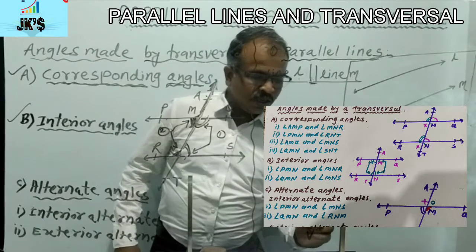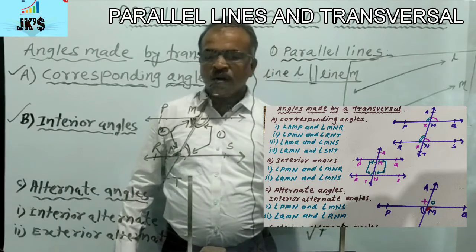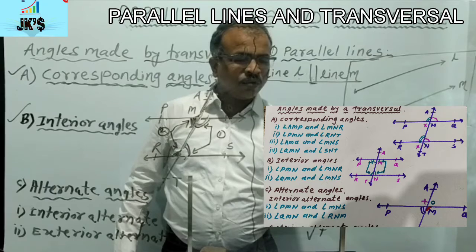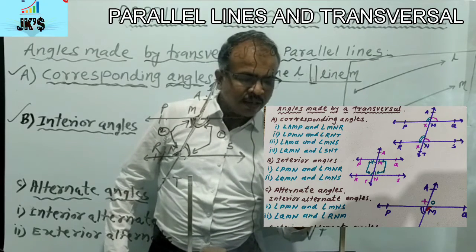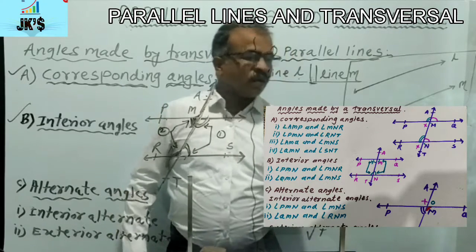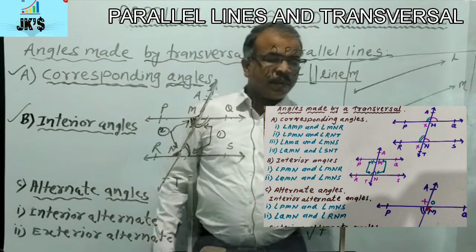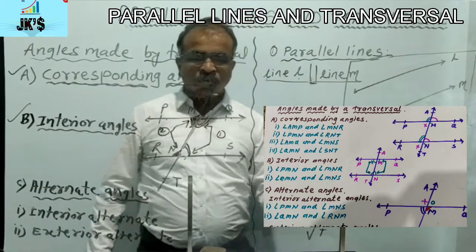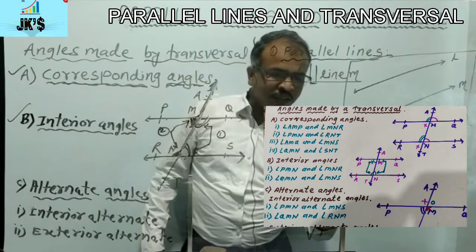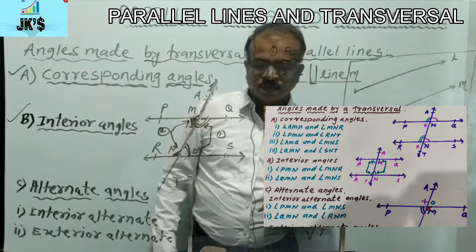AT is a transversal of 2 lines. Which lines are those? PQ and RS. This AT intersects PQ at point M and the line RS at point N.